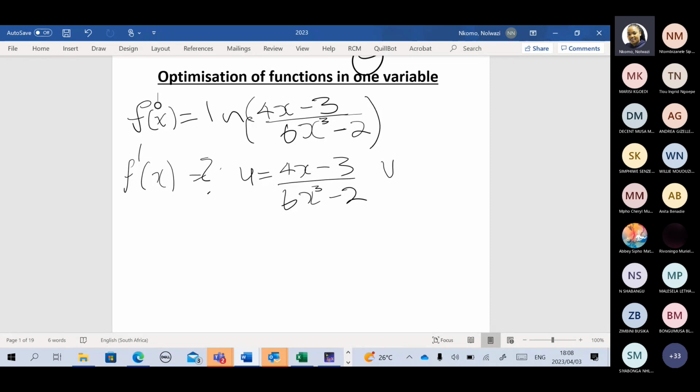So we have v equals ln u, right? We have the inner function and the outer function.